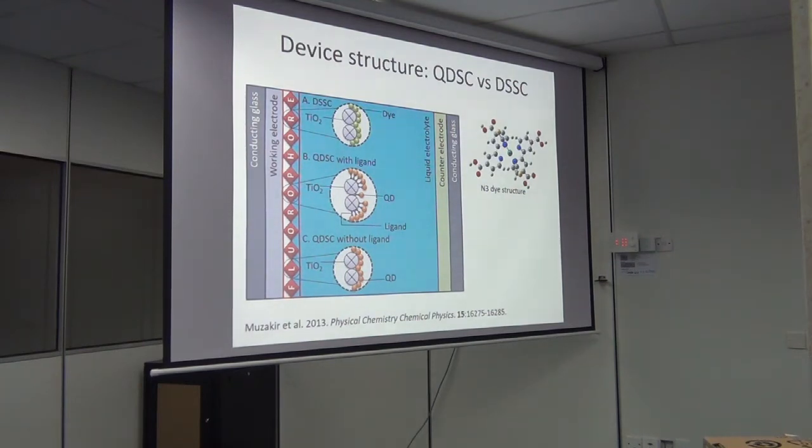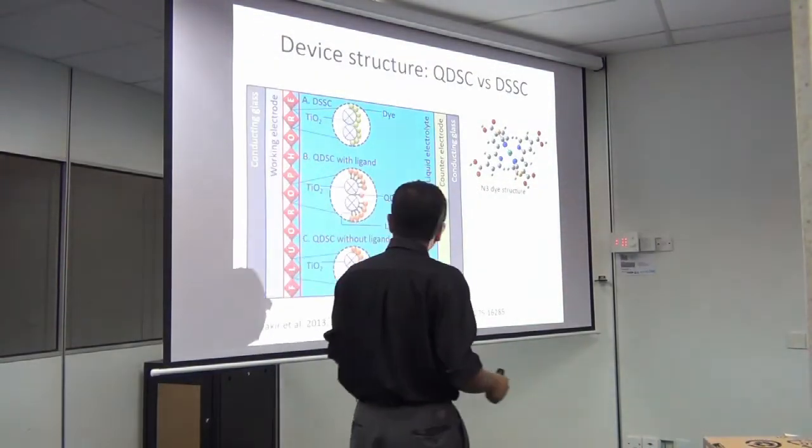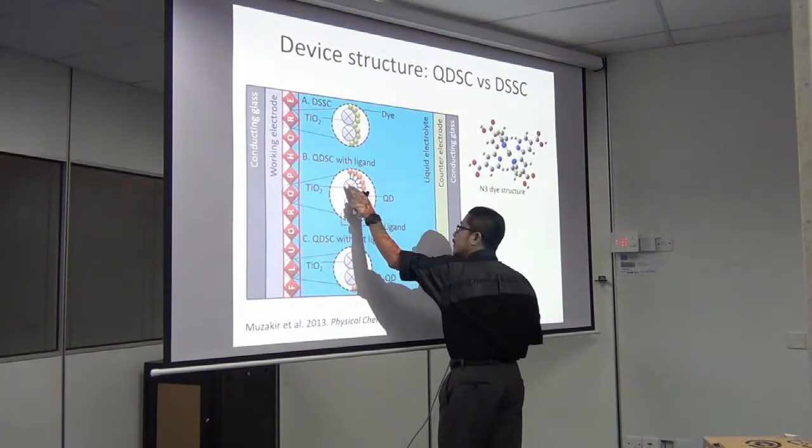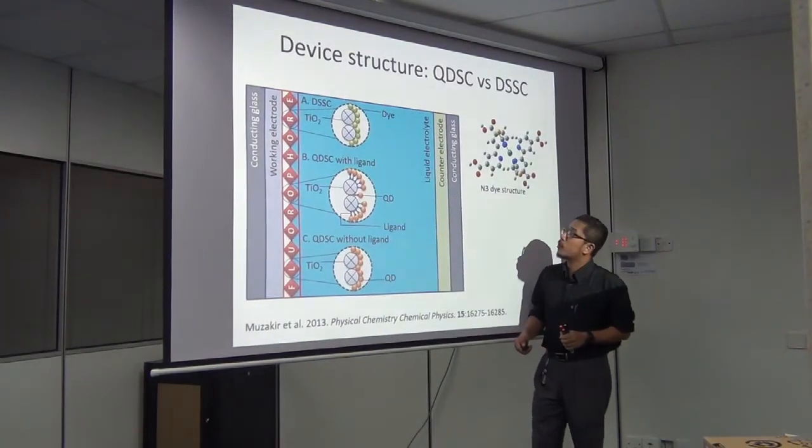We could use mercaptosuccinic acid. We could use mercaptopropionic acid. And another one starts with B, I can't remember. Mercapto something. So these are types of ligand that we could use to link the quantum dots with the TiO2. But it has drawbacks. I will explain later what the drawbacks are.